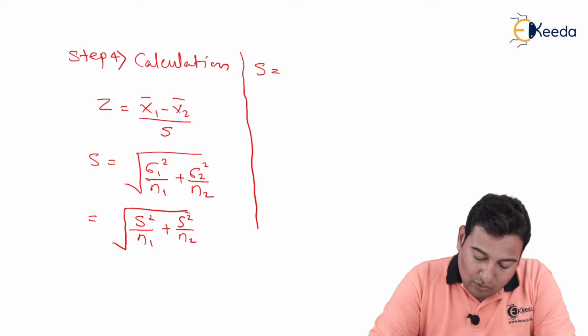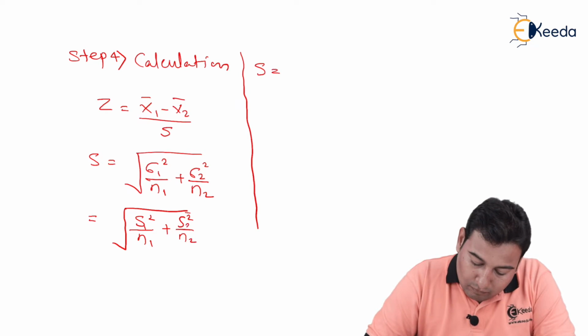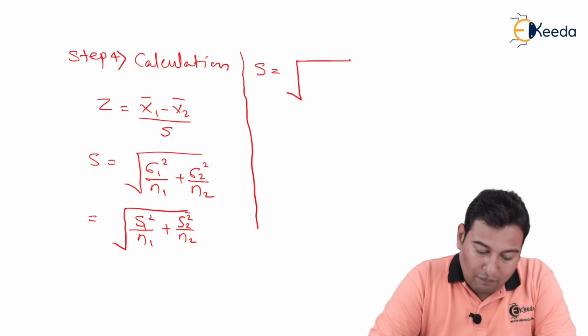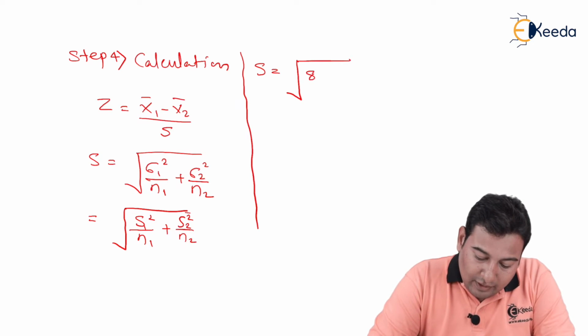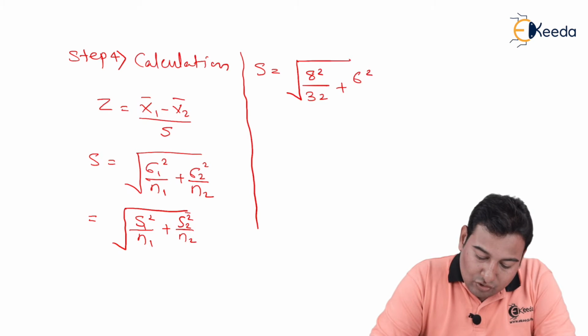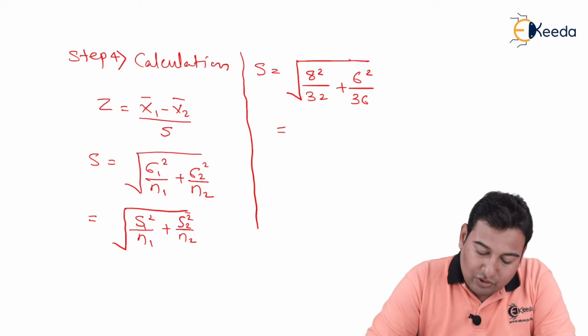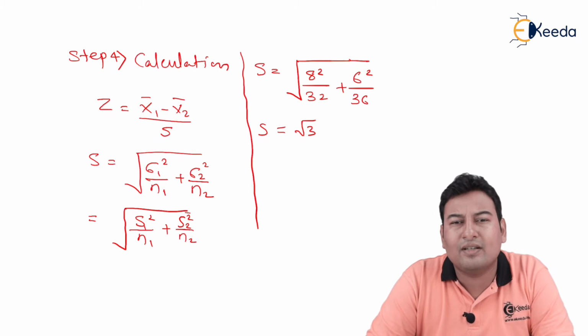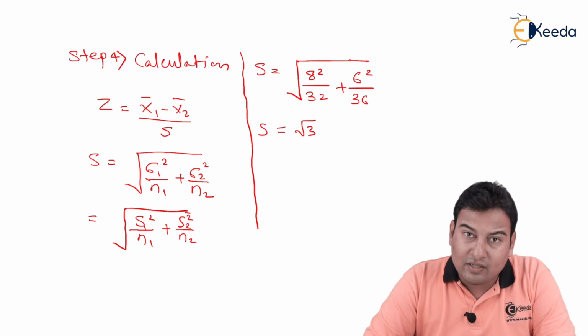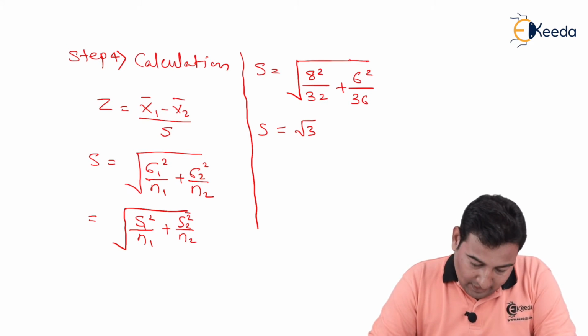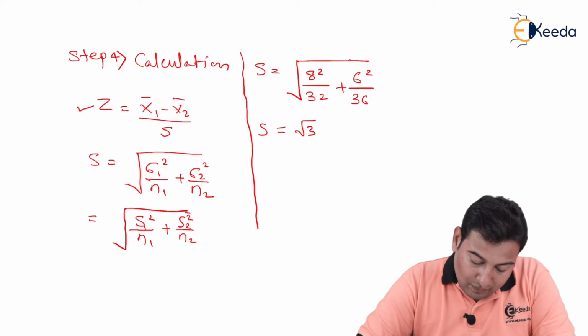So s is equal to root of s1 square, that is 8 square upon n1, plus 6 square upon n2. After solving this, you will get the value of s as root 3. You can put everything in the calculator and you will easily get the answer. So s is equal to root 3. Now we got the value of s, and our aim is to get the value of z.